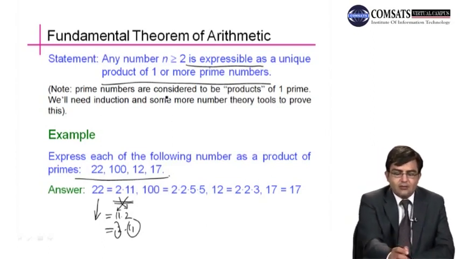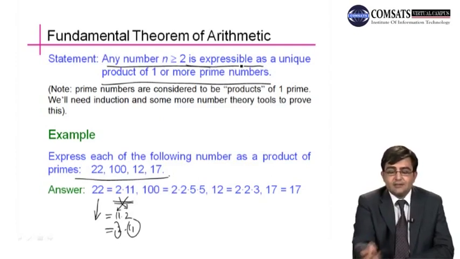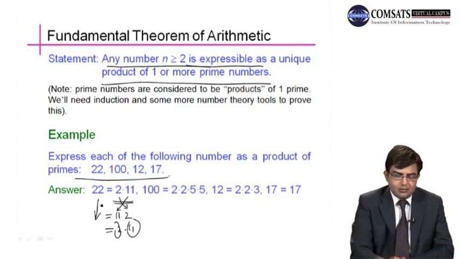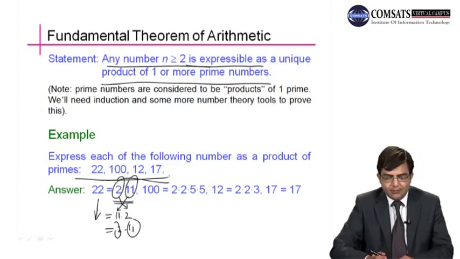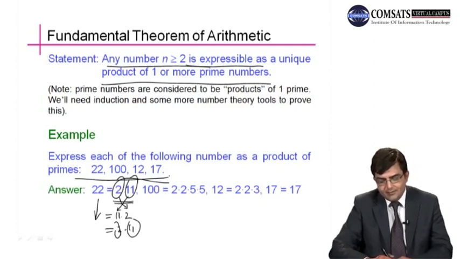So here we say the statement: any number greater than or equal to 2 is expressible as a unique product of one or more prime numbers. So 22 can be written as the product of two prime numbers. There are no other prime numbers which can be used to decompose 22 into a product of primes.